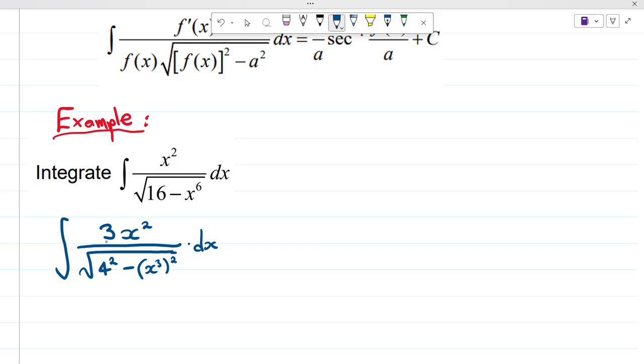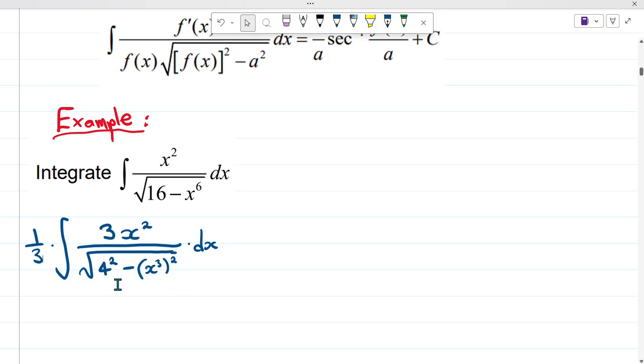But we don't want to change our equation, so we can't just put 3 without cancelling it. So let's cancel that 3 by multiplying by 1 over 3 outside the integral. So 3 and 3 cancel out, so I still have the same thing. I didn't change the equation, but now I can make use of this integral, with the derivative of x cubed on our numerator.